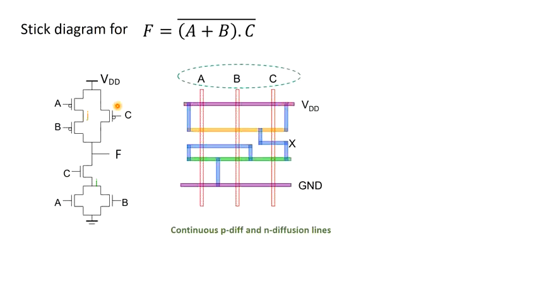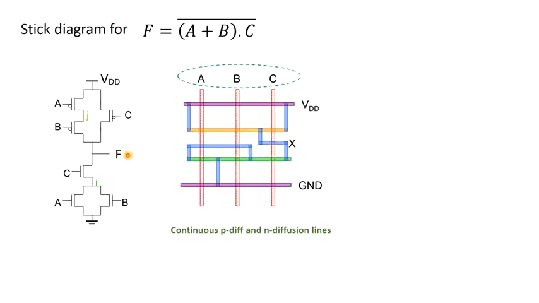Then the other terminal of C, that is the drain, is connected with the output. Here it is represented as X, but F and X are actually the same. These are the output.